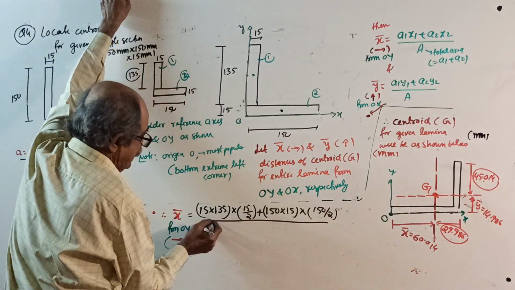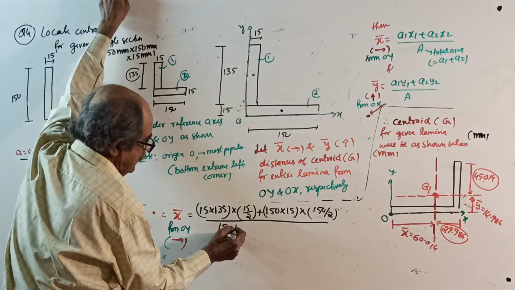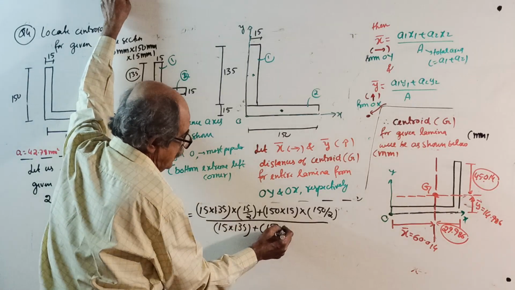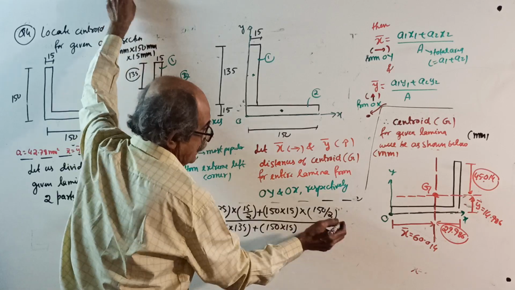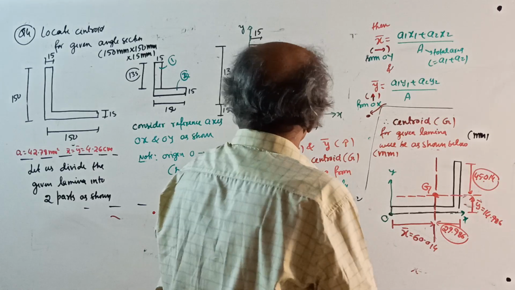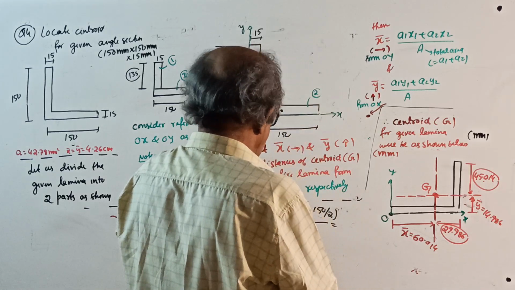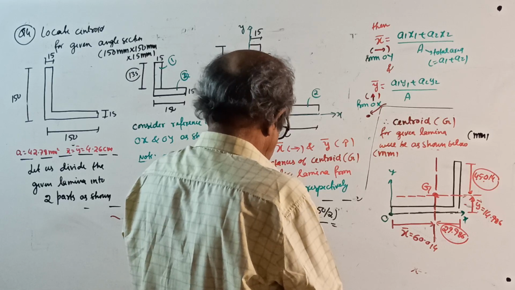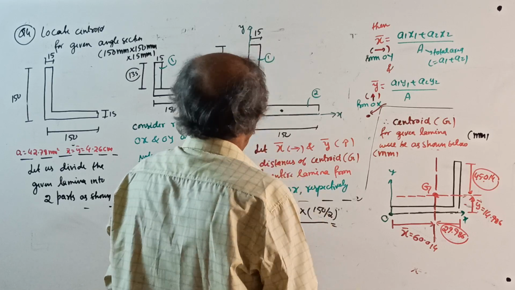Divided by the area, which is 15 into 135 plus 150 into 15. X bar will come. The total area is 15 into 135 plus 150 into 15, 4275 mm square. Don't worry.